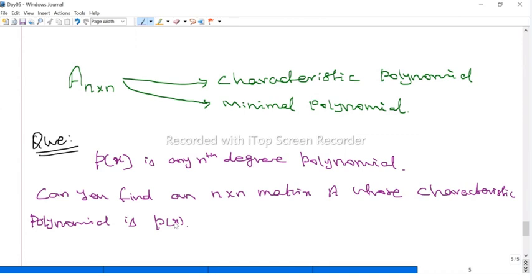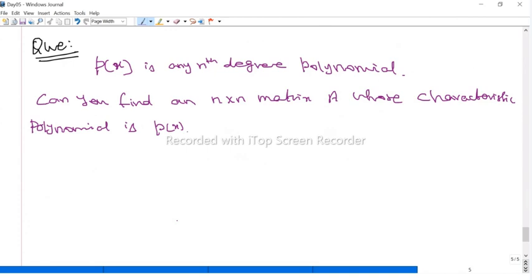But this is a standard question. If any nth degree polynomial is given, can you find an n by n matrix whose characteristic polynomial is the given one? It's always possible.